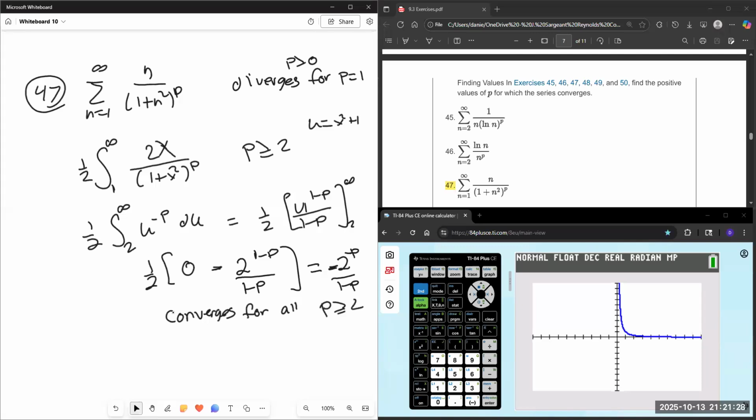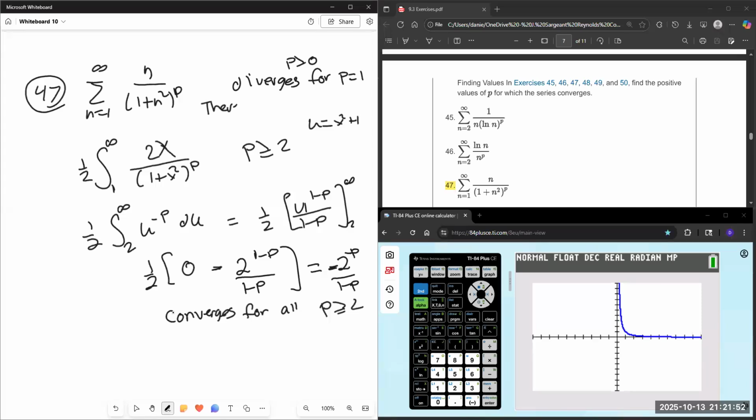Now, I didn't really show you that this was positive, continuous, and decreasing, but it is, because there's always going to be some value of n here, some capital N, for which this will be positive, continuous, and decreasing.